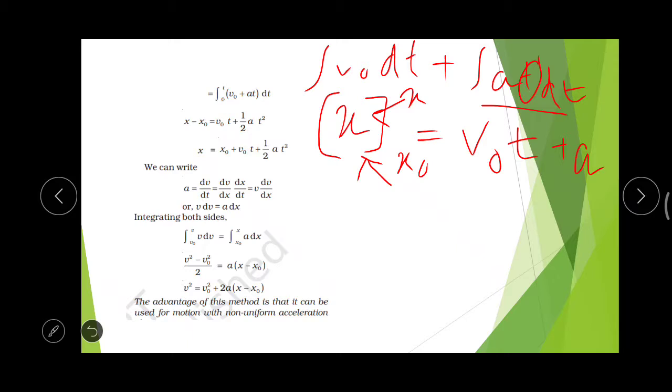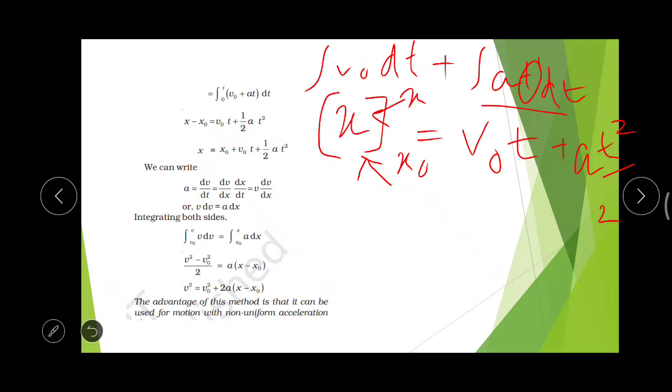If it is integral of x dx, then it will be x square divided by 2. So t square divided by 2. So you can see that x minus x0 is equal to v0 t plus half at square.